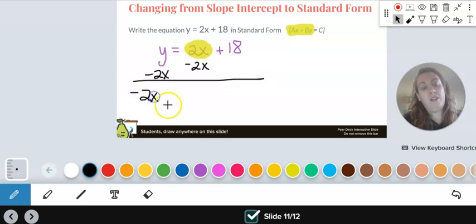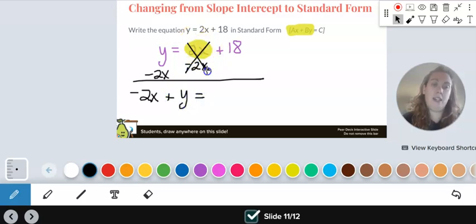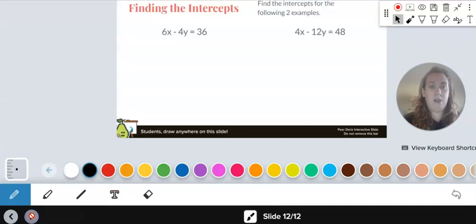And we'd get negative 2x plus this y is equal to 2x minus 2x cancels to 0, and we're just left with 18. Great. And that is our end for slide 11. Push ahead to slide 12.